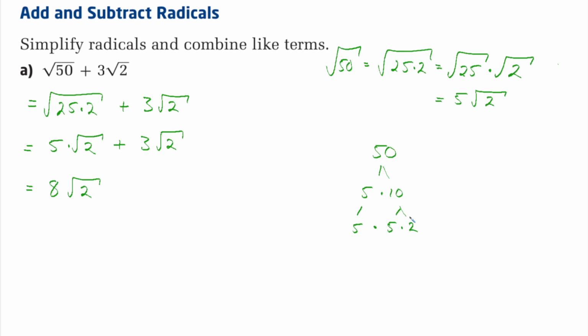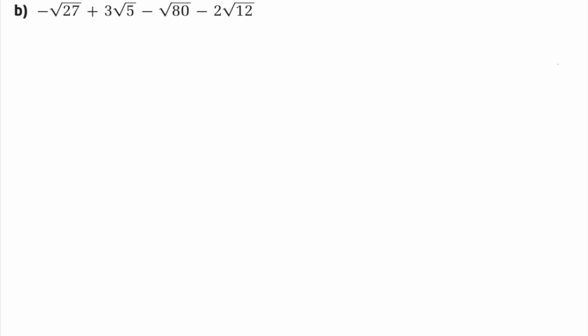So you could think of this as the square root of 5 times 5 times 2, and then the square root of 5 times 5 is just going to be 5 root 2. Whether you see it from the prime factor tree or whether you grabbed the 25 right away, same result.